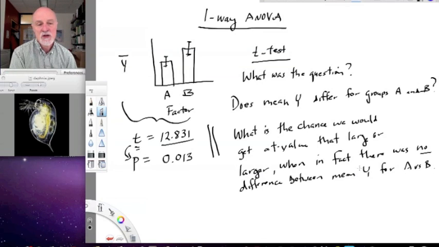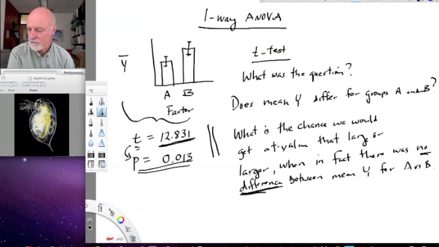Okay? So, in other words, this no difference criterion is the null hypothesis. There's no difference. And what we want to know is, what is the chance we will get a t-value this large when in fact there was no difference? That is, the null hypothesis was actually true. And this p-value quantifies that chance, okay?